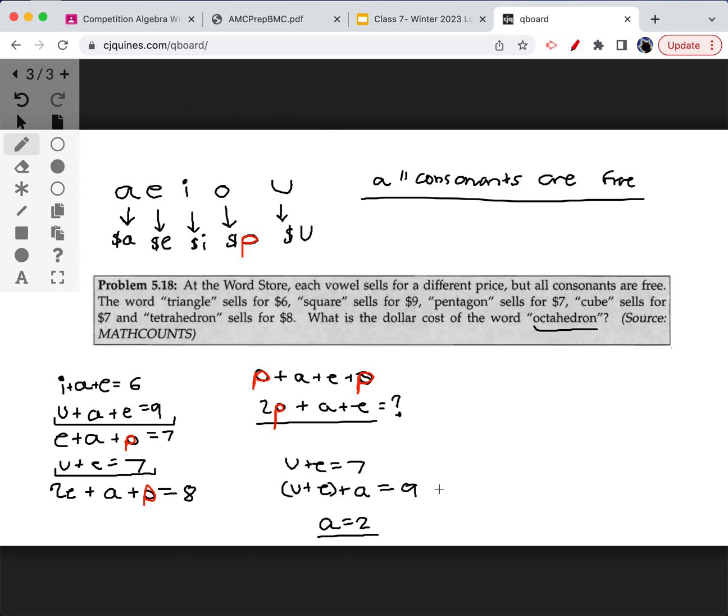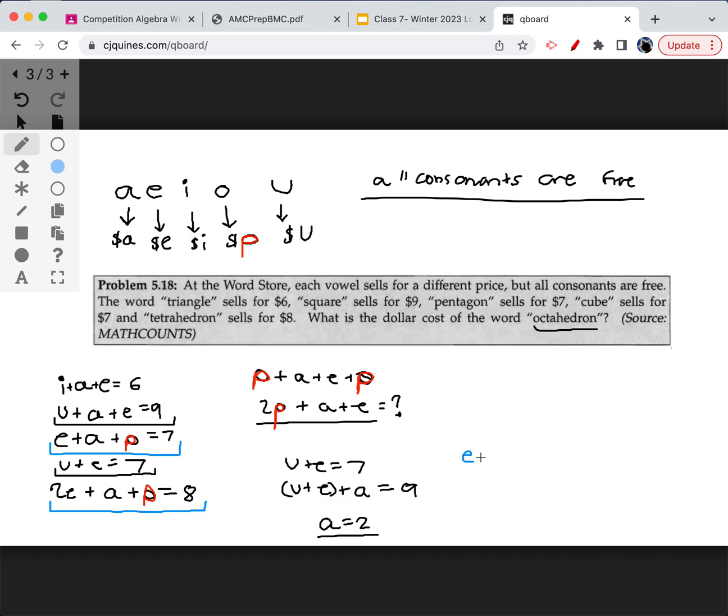So we just got that a is equal to 2. So now let's look at these two equations, which is e plus a plus p is equal to 7, and 2e plus a plus p is equal to 8.